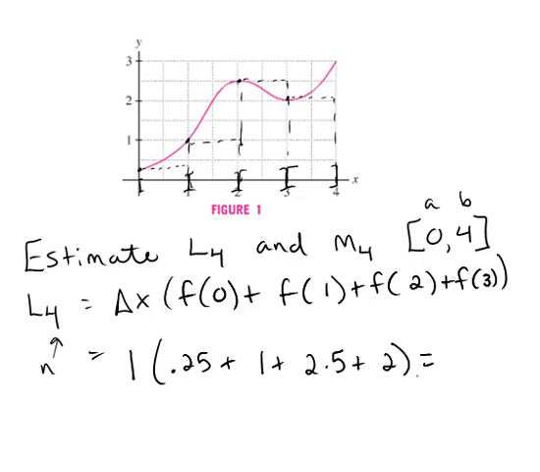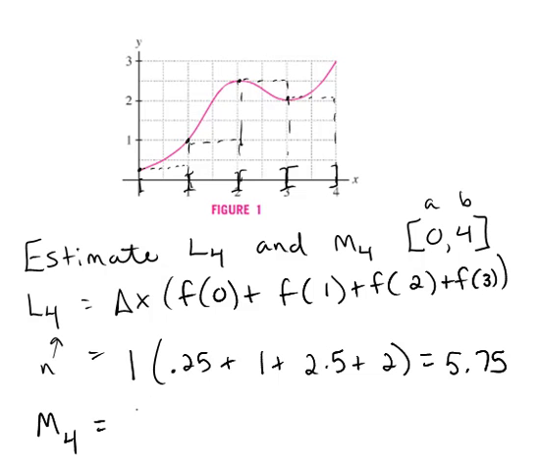And so our area then is going to be, let's see, just 5.75 or so. Okay, now they also want M4.